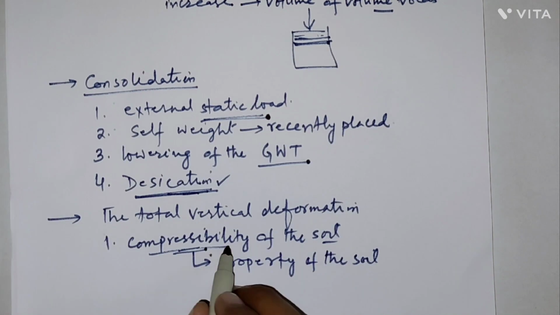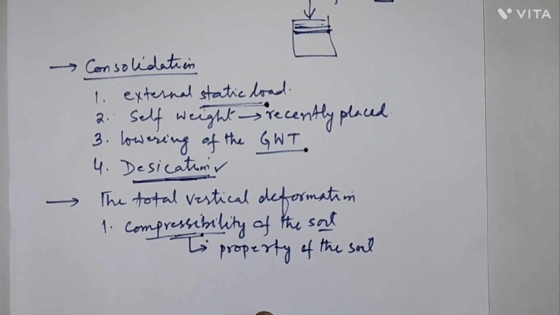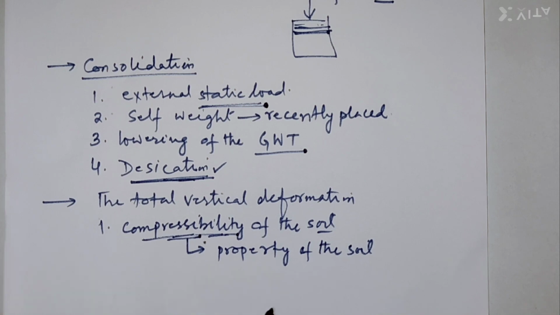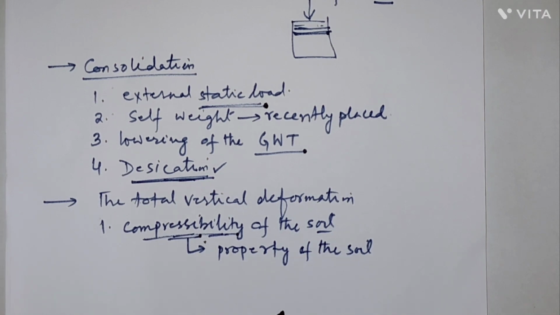So compressibility is a property of soil, and compressibility of soil will determine how much compression shall take place in that soil upon loading. Compressibility is an engineering property of the soil like permeability.